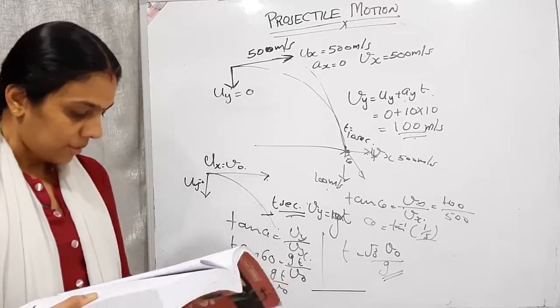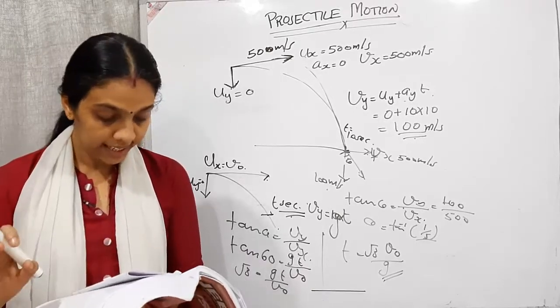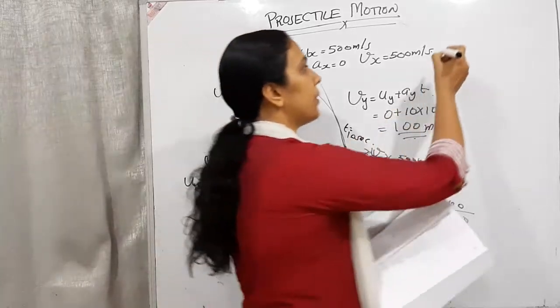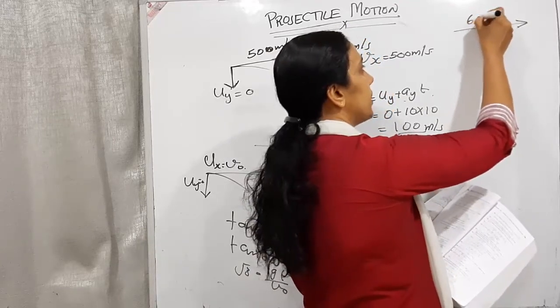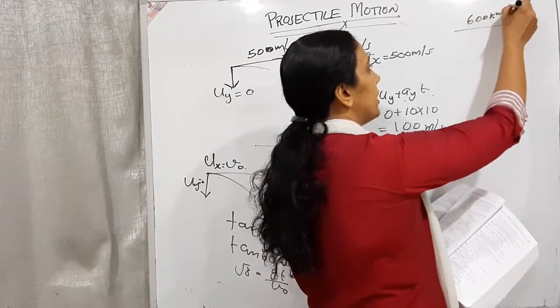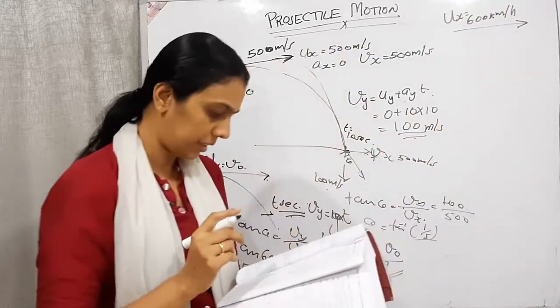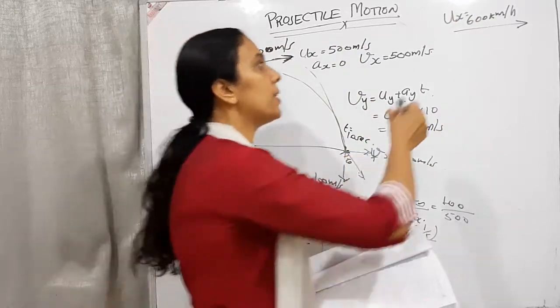Clear? So, next one. An aeroplane is flying in horizontal direction with a velocity of 600 km per hour. That is Ux, it's given 600 km per hour, at a height of 1960 meter from the ground.